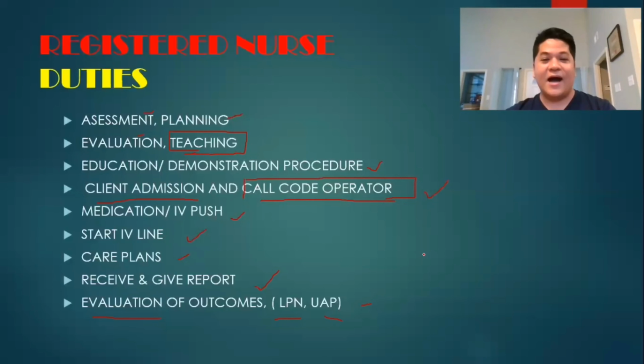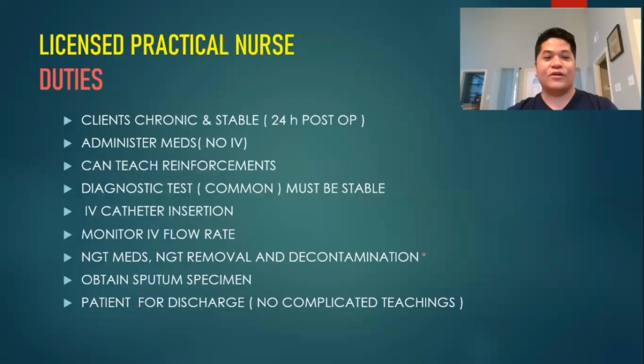Okay, now let's talk about the licensed practical nurse or the licensed vocational nurse. These are the duties and responsibilities of the LPN. Of course, the nurse should delegate only clients who are chronic and stable. Chronic clients are probably more stable than a complex client or those who have acute conditions.